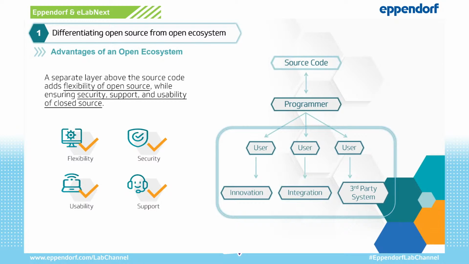So at eLabNext, we have an open ecosystem, which means that we keep our closed source foundation, but we add an extra layer on top, which allows users to include third-party integrations, develop their own add-ons, or combine different items into their software to customize it into their workflow and necessities. Here on the diagram on the right, on the top, we can see the closed source part of our software.